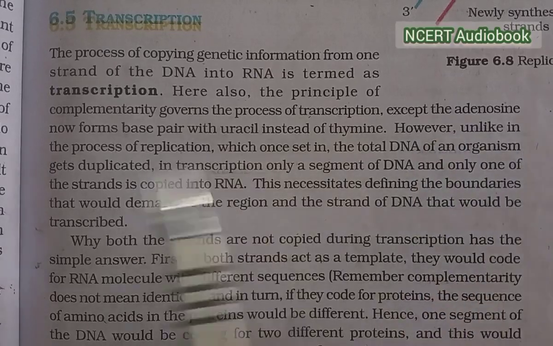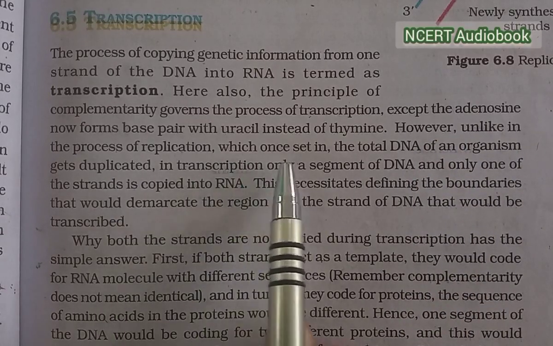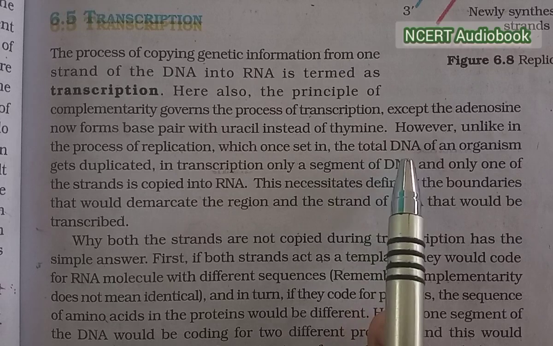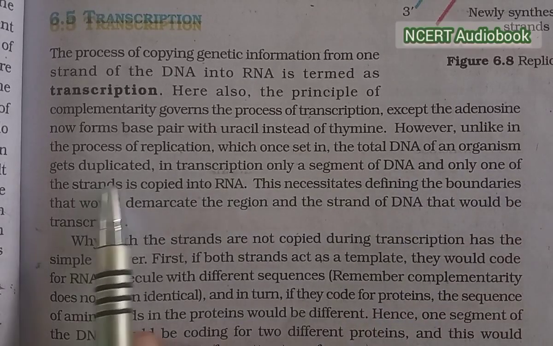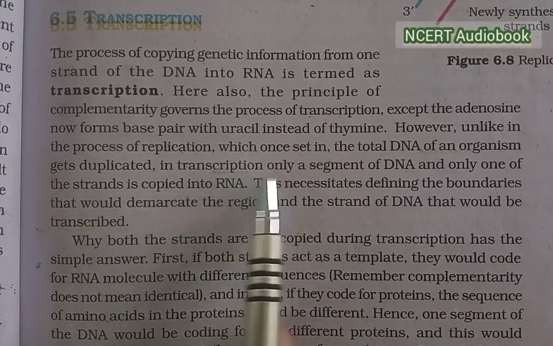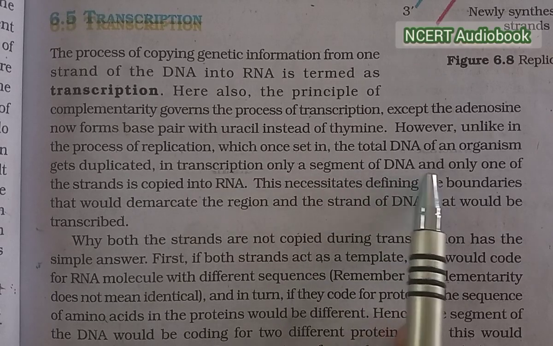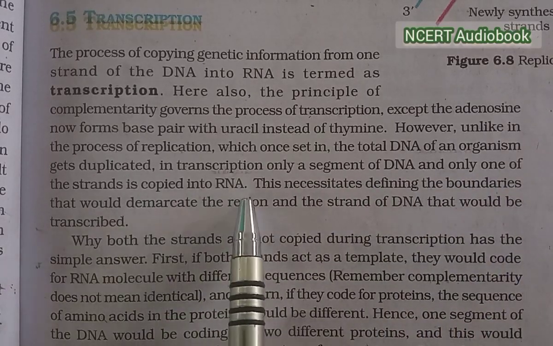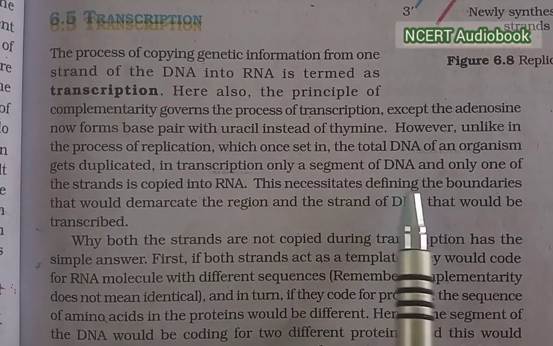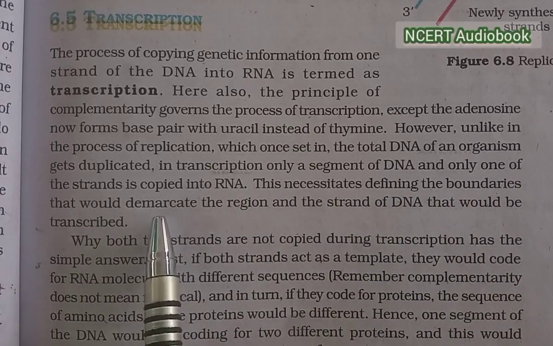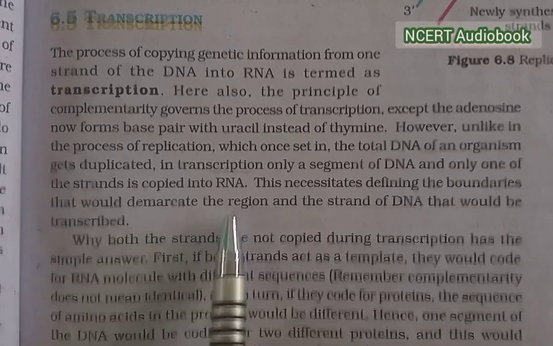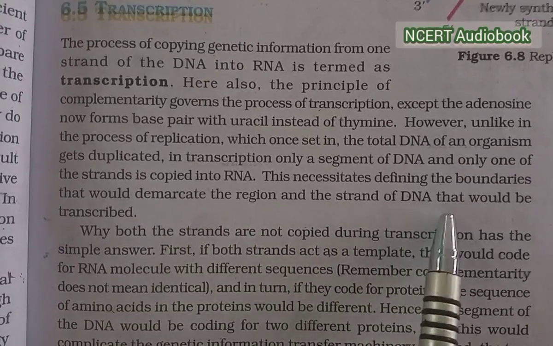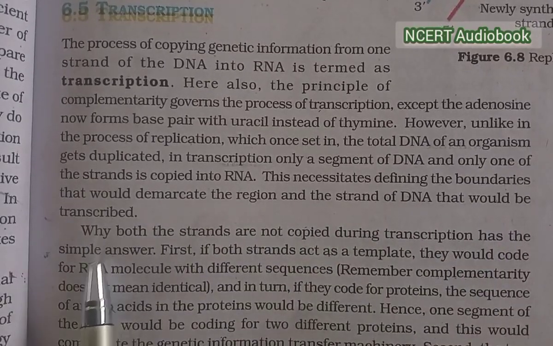However, unlike in replication, where the total DNA of an organism gets duplicated once it is set in motion, in transcription only a segment of the DNA and only one of the strands is copied into RNA. This necessitates defining the boundaries that would demarcate the region and the strands of the DNA that would be transcribed.